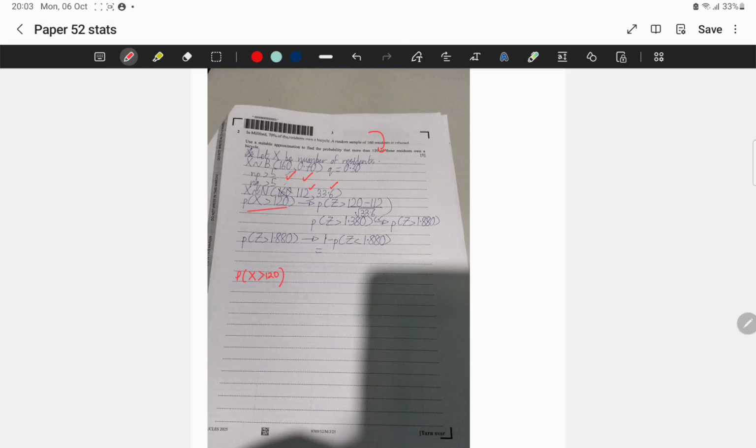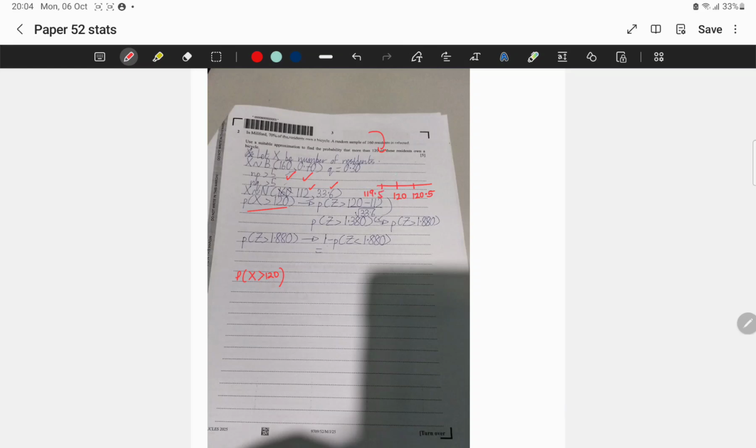You can't take the same values because there will be anomalies forming in the question. What happens is if you're going to take probability X greater than 120, usually you have these types of approximation. You have to change your values.